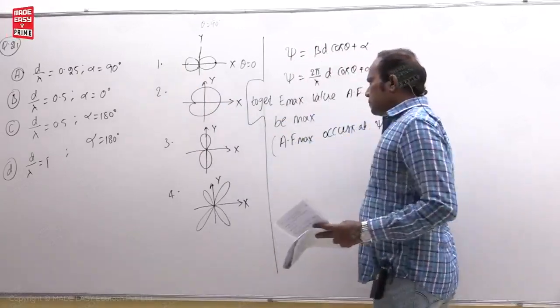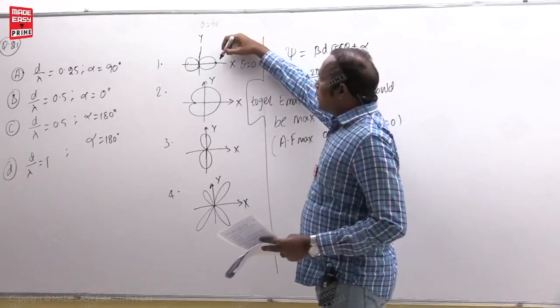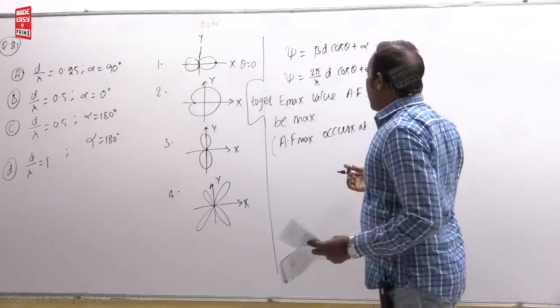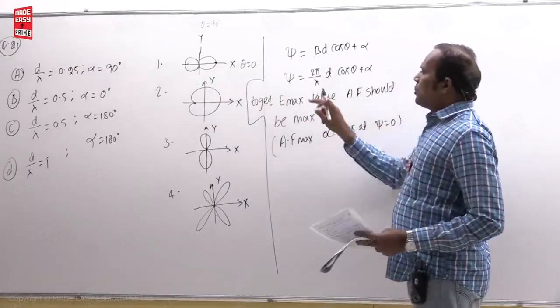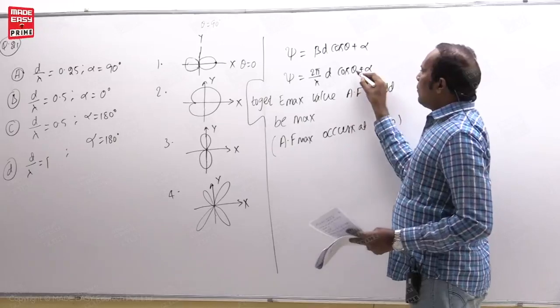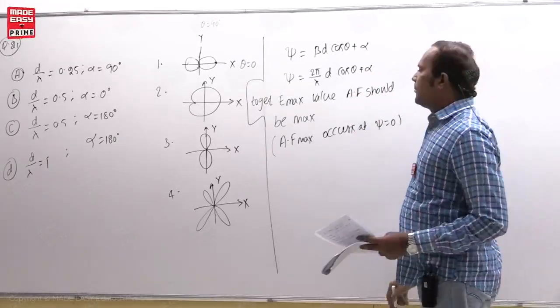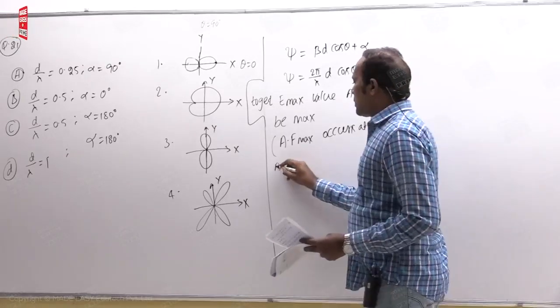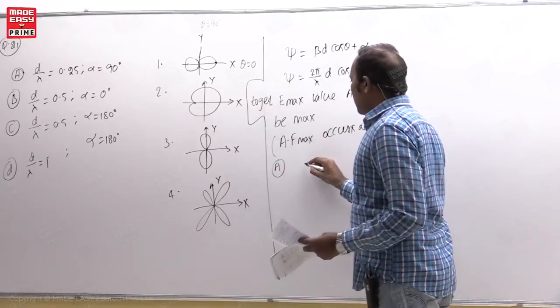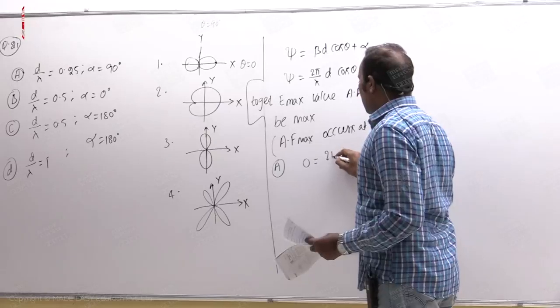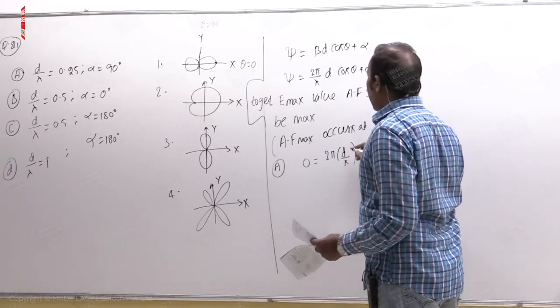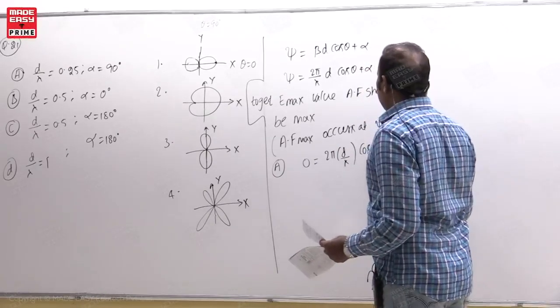Now I am trying to solve. psi 0 I will substitute. Then whatever theta angle I get, that is the maximum electric field angle. So for the first option you see psi 0 is equal to 2 pi d by lambda cos theta plus alpha.